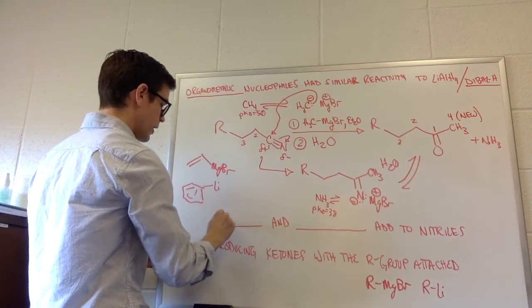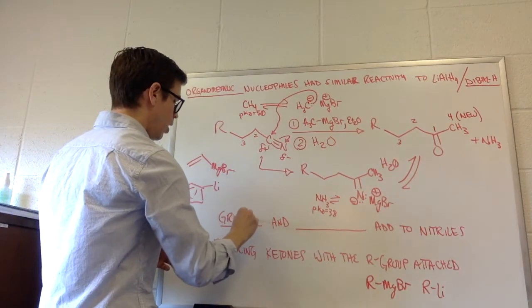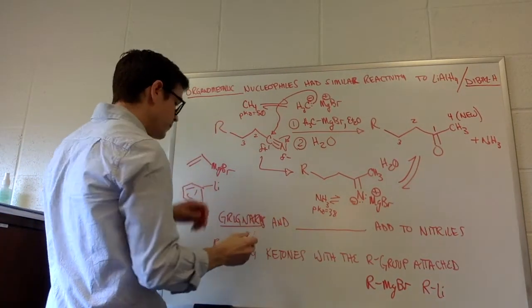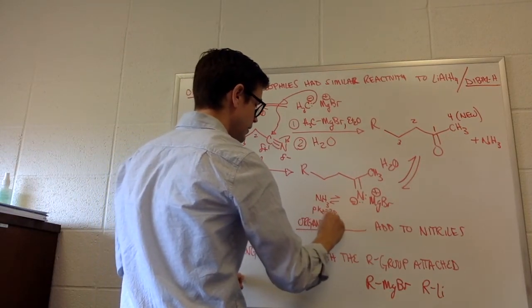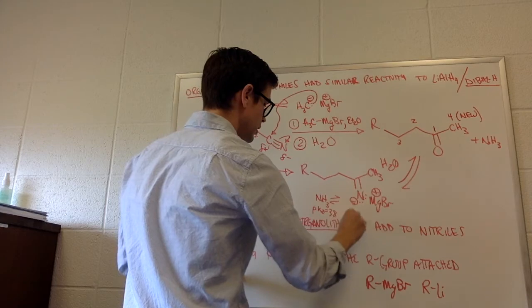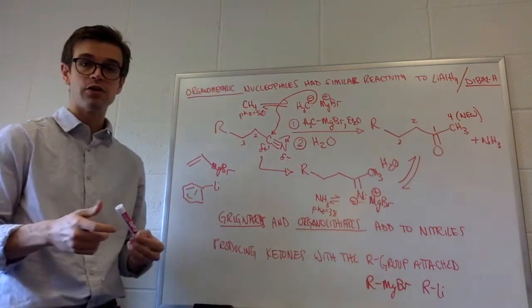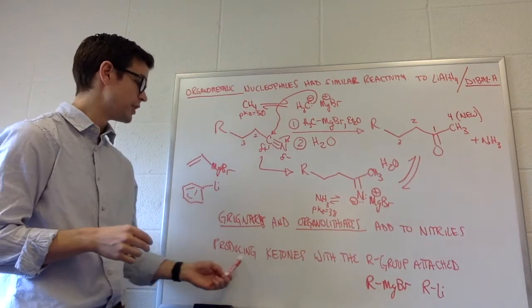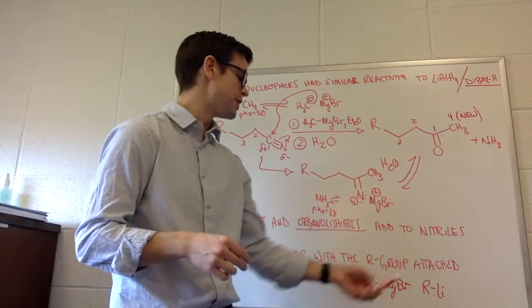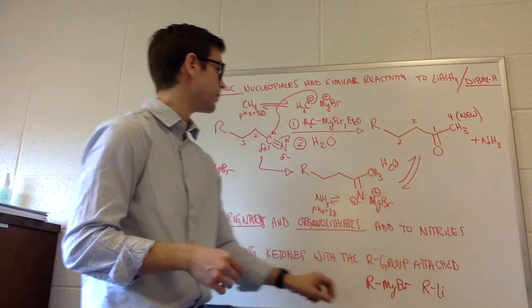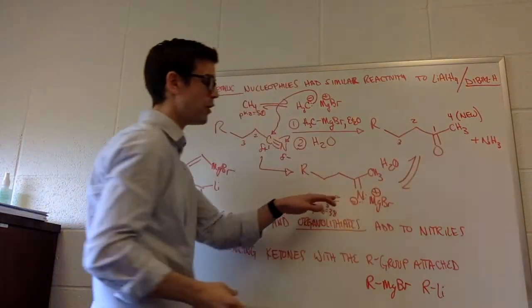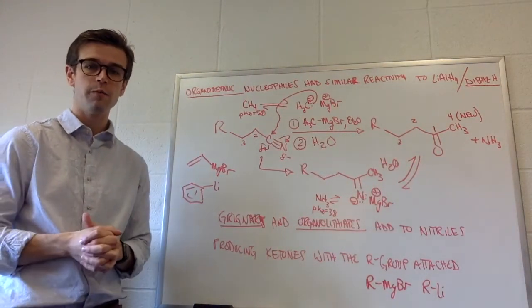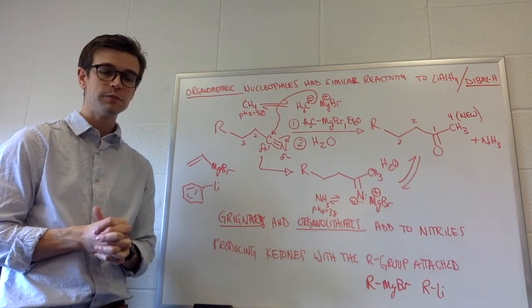So we'll write Grignards and organolithiates add to nitriles, producing ketones with the R group attached. Whatever that R group is adds into that position, and then that becomes a ketone once that imine is hydrolyzed. So, a pretty powerful transformation.